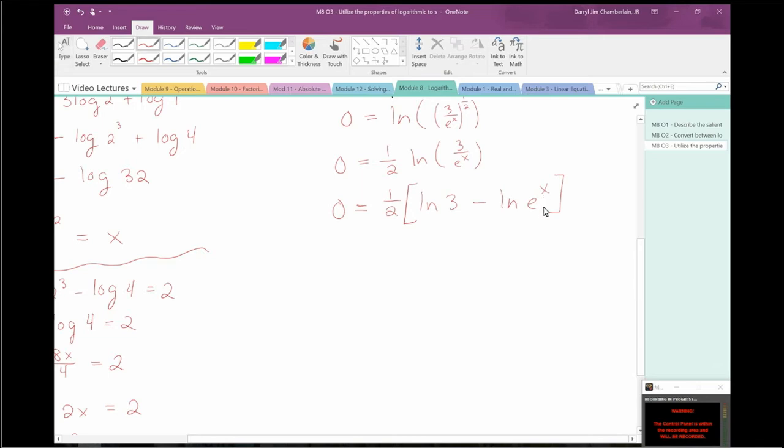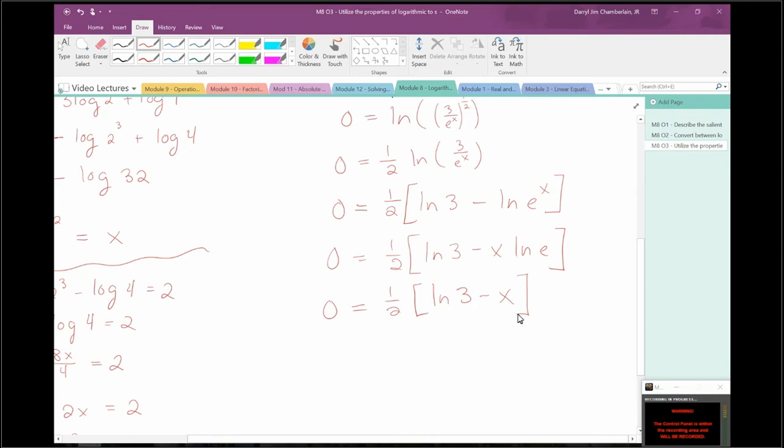This x can come to the front with our product rule. Natural log 3 minus x, natural log e. But we've already seen that natural log e to the x is just x, because this natural log e is 1.